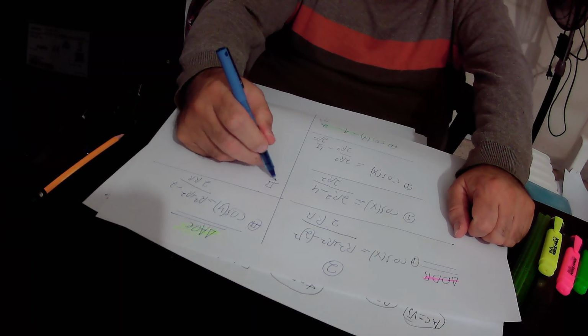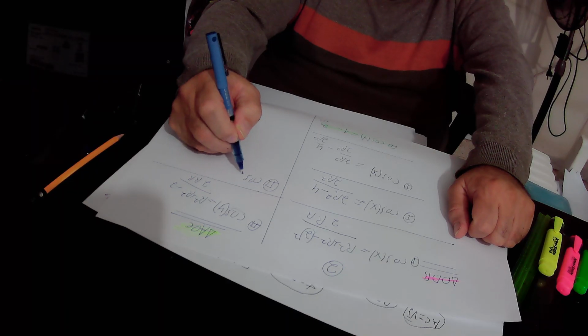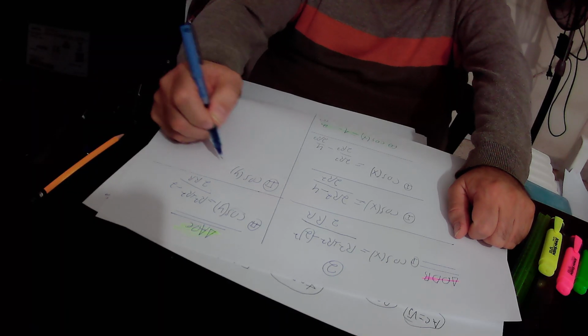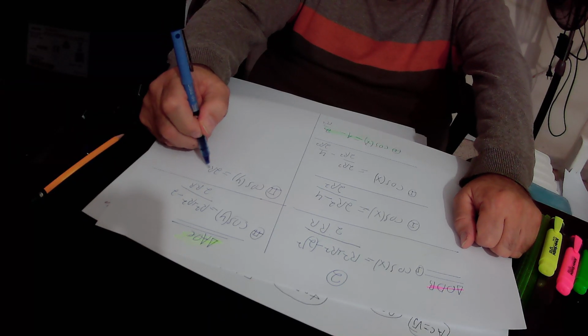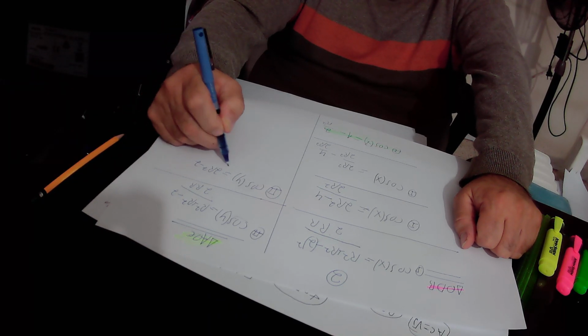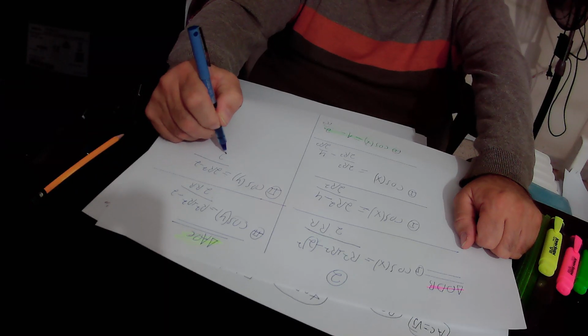according to equation number 2, cosine y equals r squared plus r squared is 2r squared, minus 2 over 2r times r is 2r squared.